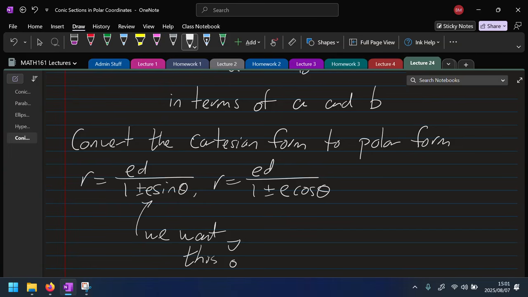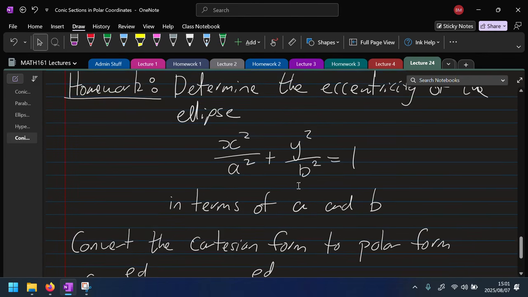Okay. Any questions on this? No questions. Okay, so please expect something like this for class test 3. For that polar coordinates, conic sections section, you might get something like this. You have to use your polar coordinate knowledge to convert it to polar and identify maybe the directrix, maybe the eccentricity.